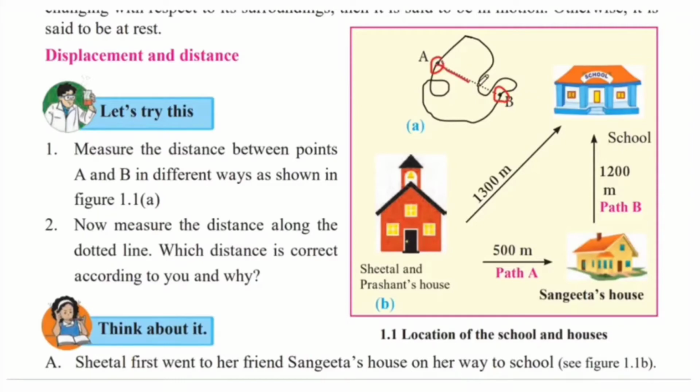So we can directly join those points or we can go around those points and we can measure all the distance between A and B. Now measure the distance along the dotted line, that is the direct line that we drew from A and B. Which distance is correct according to you and why? So which distance do you feel would be correct in order to measure them? It would obviously be the point from A to B.